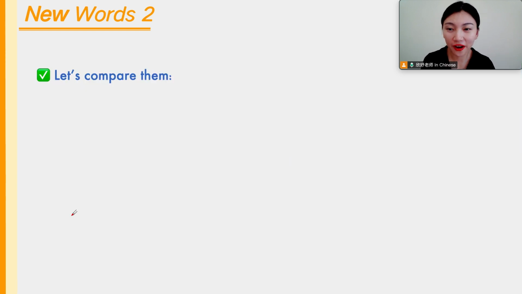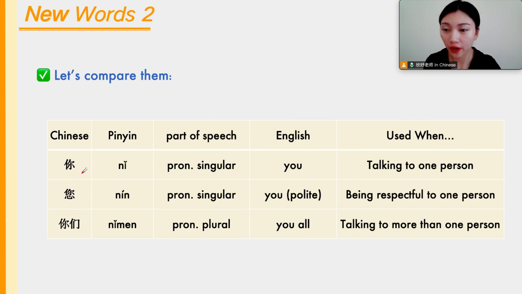So let's compare them. We've learned 3 words, 你, 您, and 你们. All 3 of them are pronouns, but 你 and 您 are singular forms. But 你们 is a plural. So 你 means you, when we talk to one person.